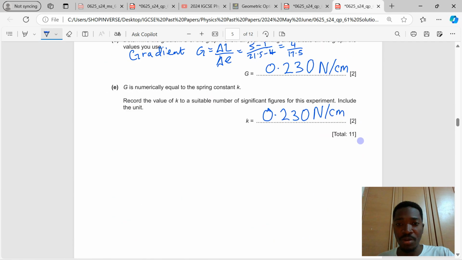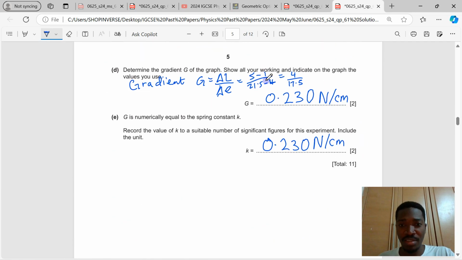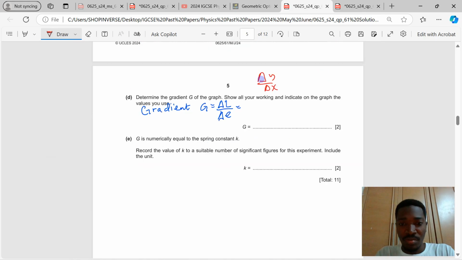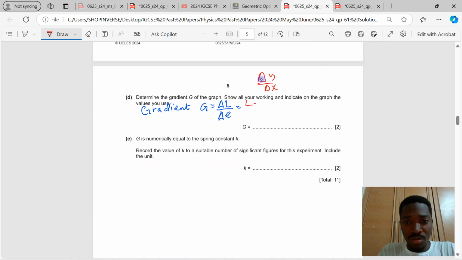So the gradient can be gotten by using dy/dx, change in y divided by change in x. So that will be L2 minus L1 divided by E2 minus E1.